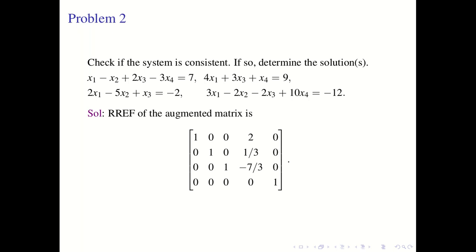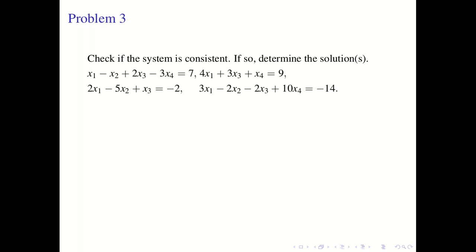There is a pivotal entry on the last column, so therefore B contains a pivotal entry, which means that the system is inconsistent. So now let's move to the next problem.